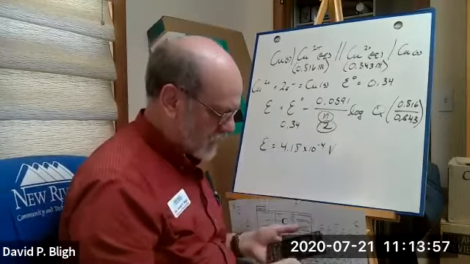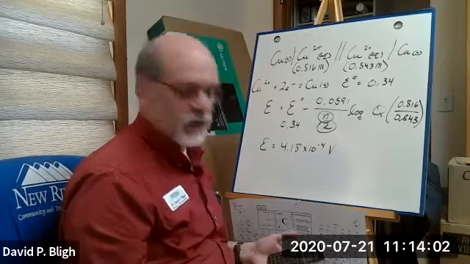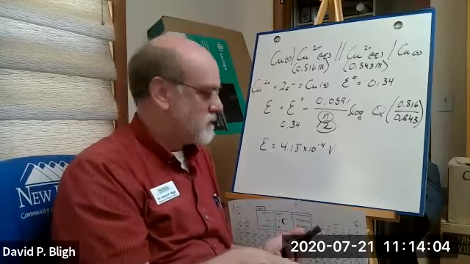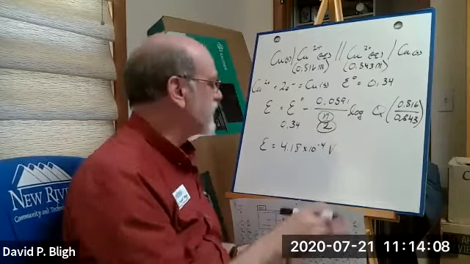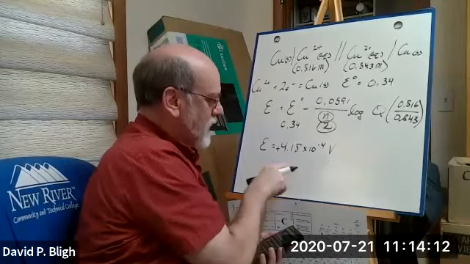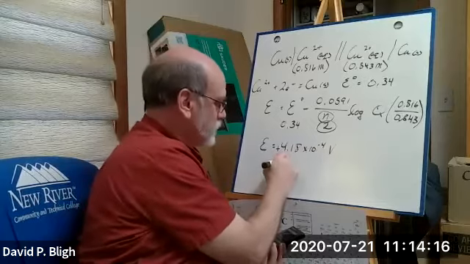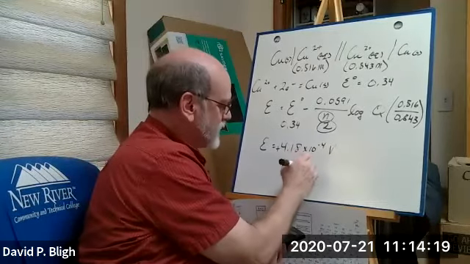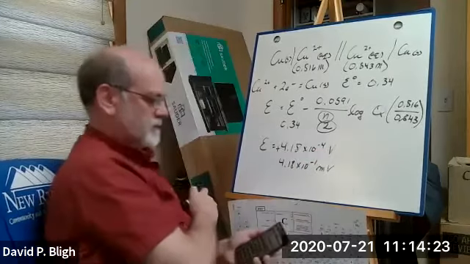Our answers are given in, well, one of them is volts and the rest are millivolts. But the one that's given in volts is the wrong number. So we need to change to millivolts, right? So this is a positive. A millivolt would be what? 10 to the minus third. So this would be 4.18 times 10 to the minus 1 millivolts.